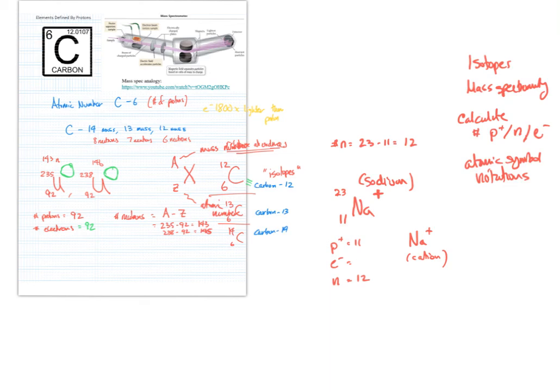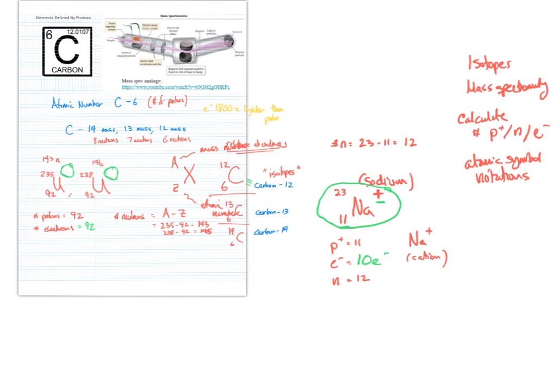This is 11 protons, and I have a positive charge. Therefore, that tells me I need one more electron in order to be neutral. So there must only be 10 electrons in a sodium plus ion. All right, so using this symbol notation, including ions, we can also figure out the number of electrons.